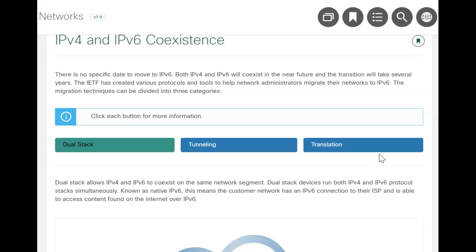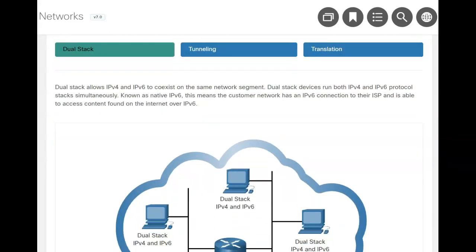So there are definitely different ways of letting these two exist. There are 3 that are popular. One, you've got the dual stack. Dual stack allows both IPv4 and IPv6 to coexist on the same network segment. If you check the IP address for your laptop, you will find an IPv4 and an IPv6 address.